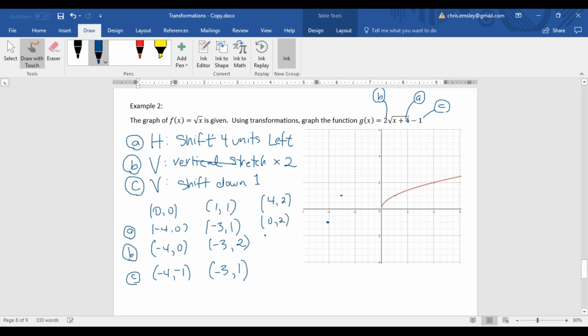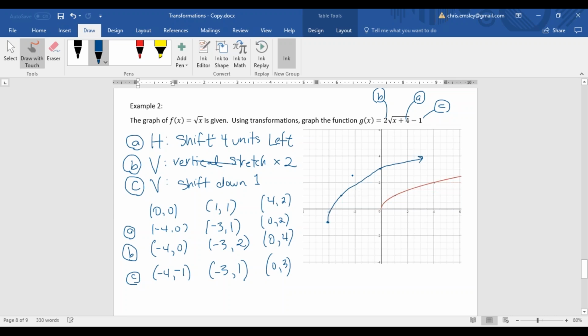Vertical stretch by 2, so that means take the y value and multiply it by 2. And then a vertical shift down 1 means subtract 1 off that y value, so 0, 3. And there is our new transformed square root function.